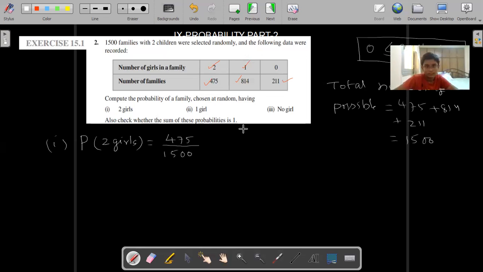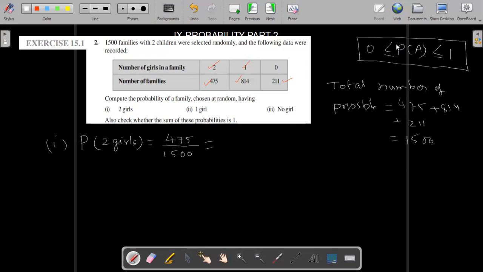So when you add, there is no need to find the LCM again. In that case, it will be helpful. But here you can convert it into the simplest form, and your answer will be 19 upon 60.